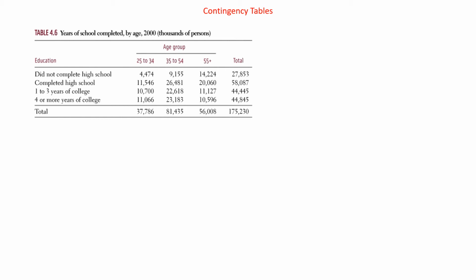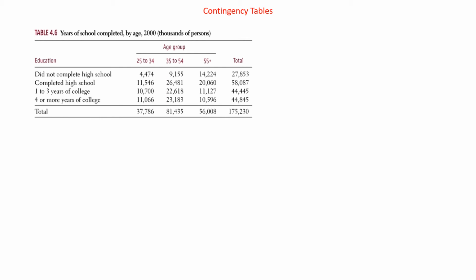So in this, every individual fits into exactly one space. You're not going to both have 4 more years of college and be from 25 to 34, and have 4 more years of college and be from 35 to 54. It's going to be one or the other. So you only fit into one of these boxes.